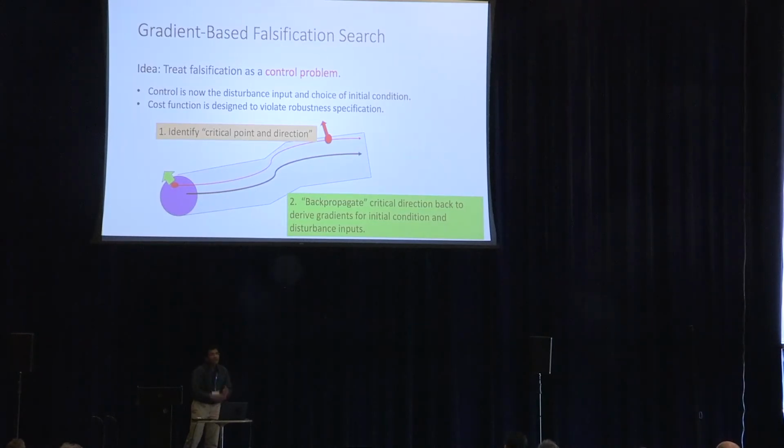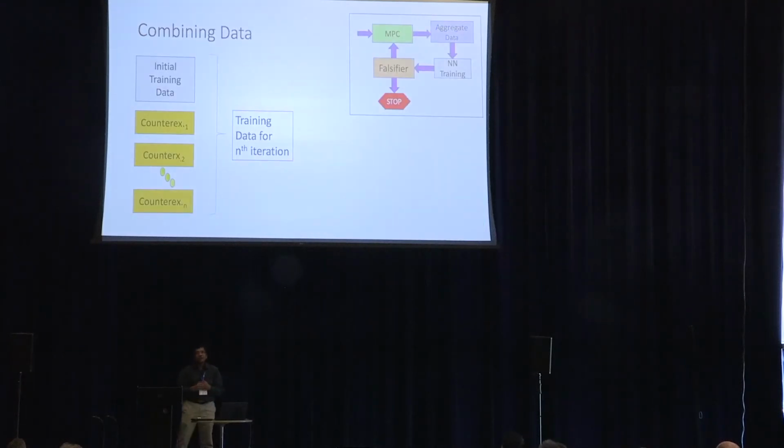So these are pretty standard now. The interesting part now comes about when we talk about how do we combine data. So remember, at each step, we have the initial training data, and then we get the counterexamples we found in iteration 1. So we retrain the network, we get counterexamples in iteration 2, and all the way to iteration n. You have to somehow combine these counterexamples in a clever way if you want your network to learn.